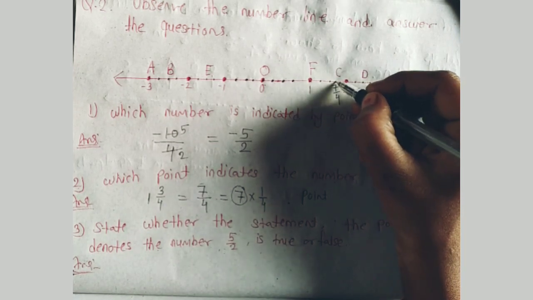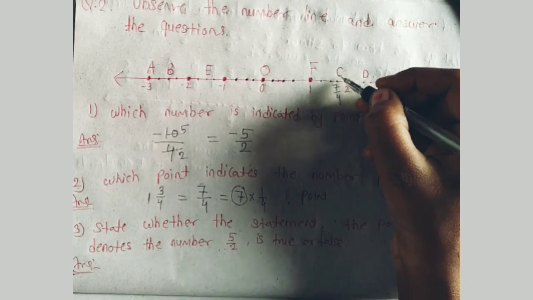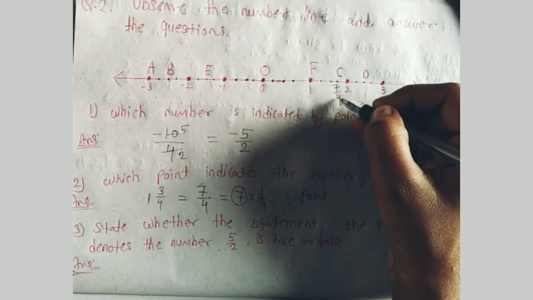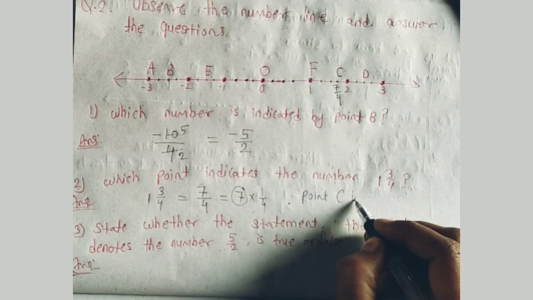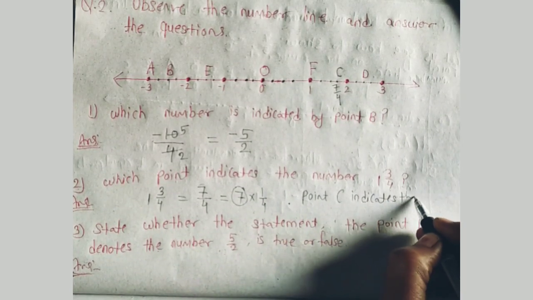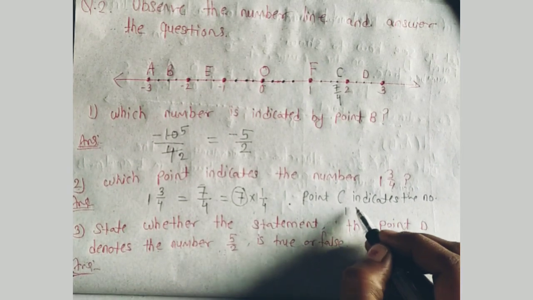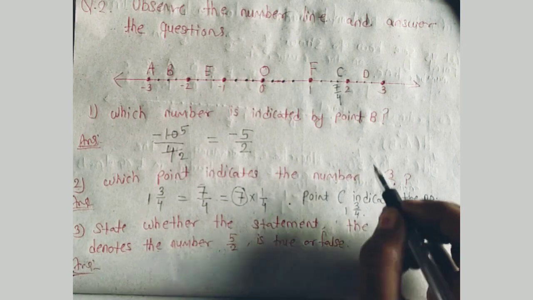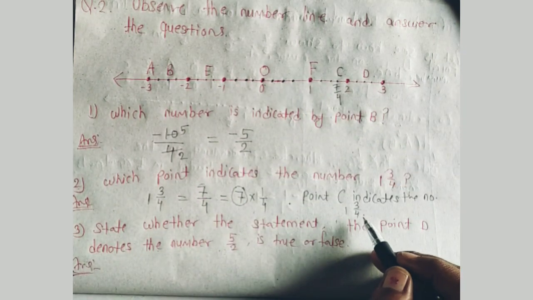And this is point C. We can see point C is on this number. So point C indicates the number 1 and 3 by 4.